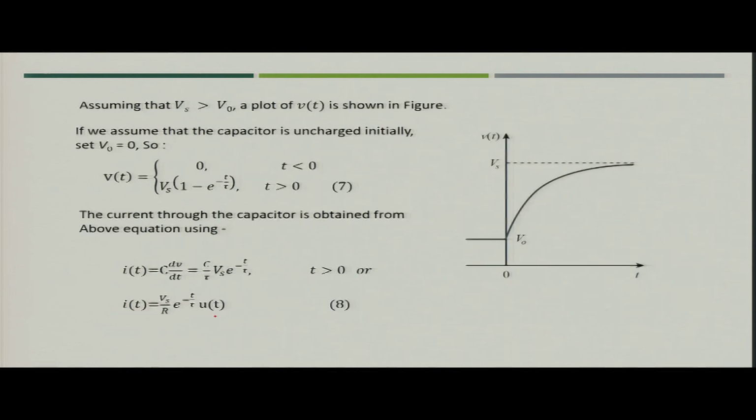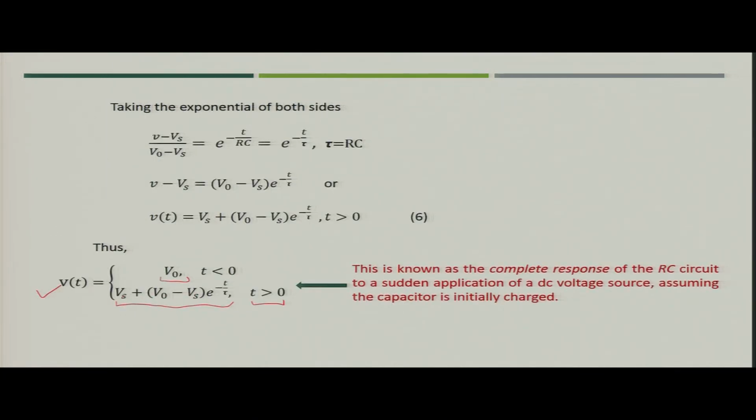Now, let us see the case where the source voltage V s is greater than the initial voltage across the capacitor, so V s is greater than V naught. The plot would look like as shown in the figure. At time t equal to 0, the value will start increasing.